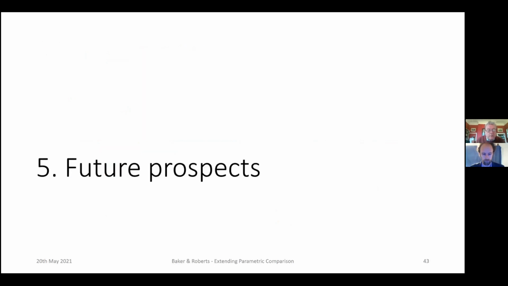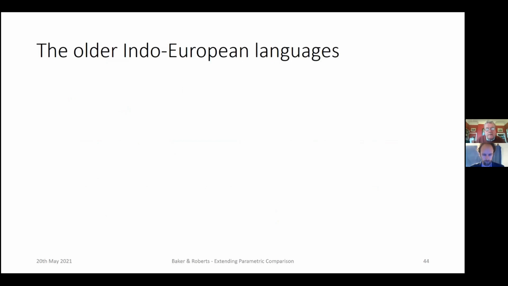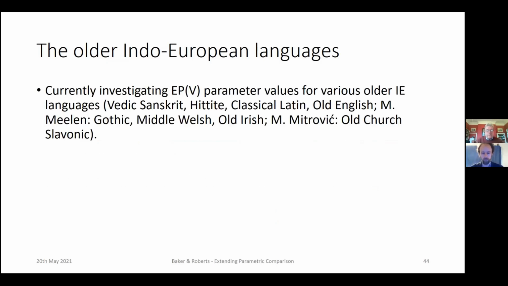Just very quickly moving to future prospects, there is a slightly separate line of research that we've been developing in recent months, which involves applying this method to the older Indo-European languages. We have, in fact, collected data on all of the parameters for Vedic Sanskrit, Hittite, Classical Latin, and Old English. And Marieke Meelen is in the process of developing the data for Gothic, Middle Welsh, and Old Irish.